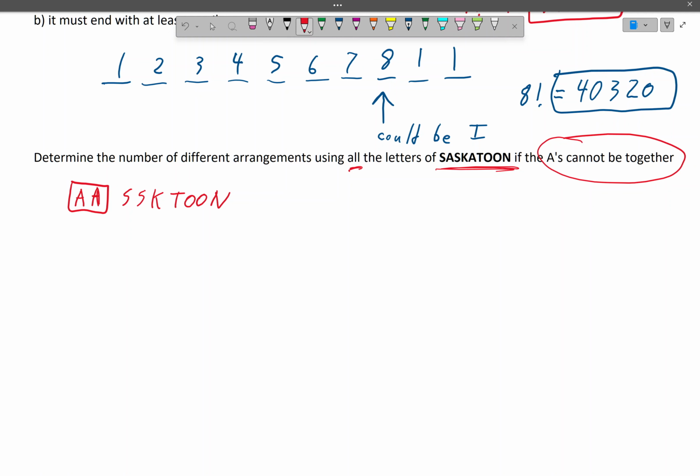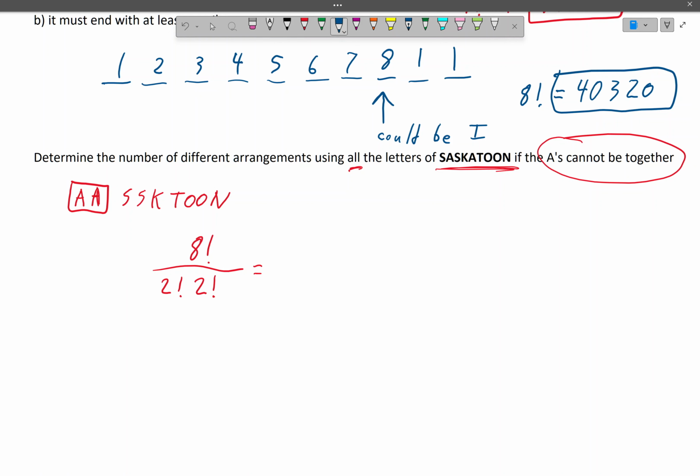So with the A's together, there are 1, 2, 3, 4, 5, 6, 7, 8 different items. And there are 2 S's and 2 O's. The A's are already together, so we've already dealt with that repetition there. So this is the unfavorable.